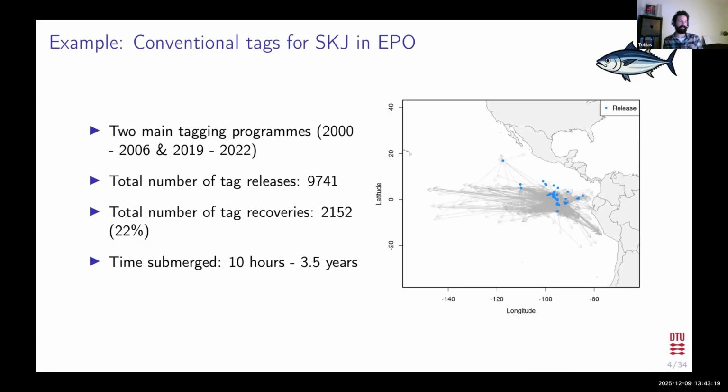And this was also the tagging type available for our skipjack tuna in the Eastern Pacific Ocean from two main tagging programs. We had almost 10,000 tags, of which 2,000 were recaptured. That's indicated here, blue dots being the release locations, and the arrows indicating the distance to the recapture location. They were submerged anywhere between 10 hours and 3.5 years.